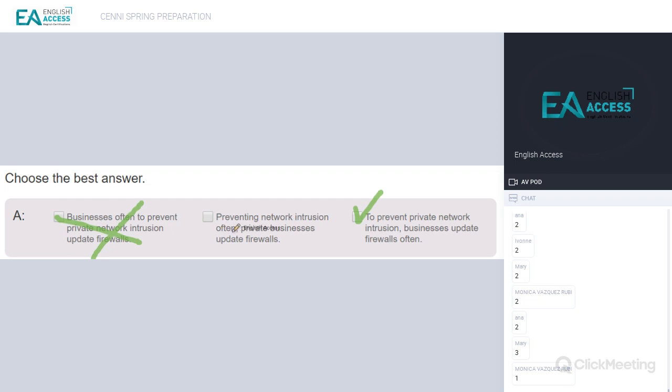The often doesn't go here. The correct one is to prevent private network intrusion, business update firewalls often. This is correct. To prevent this, they update their firewalls. That's the correct idea.